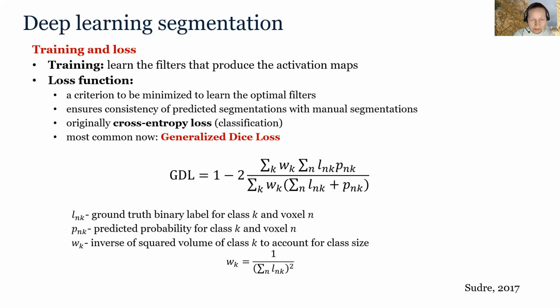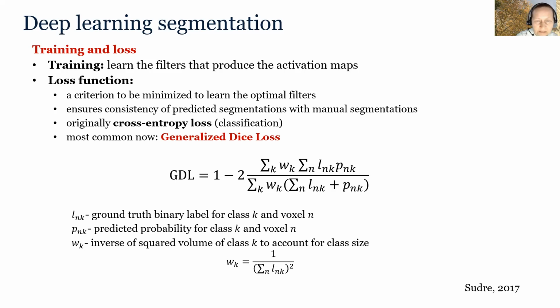Now, the final thing that we need to do is 1 minus this generalized dice coefficient. The reason why is that we want a loss, so our optimum is 0, when the best dice coefficient for the segmentation is 1, so it goes the opposite way. That's why we need to take 1 minus the dice coefficient so that we can minimize it rather than maximize it. Okay, so this will be your most common loss that is currently used in medical imaging for deep learning segmentation.